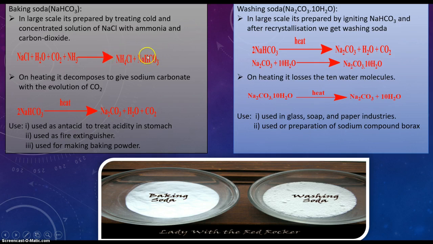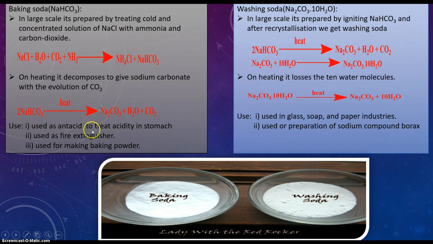Now this sodium bicarbonate that is formed in this process, if we heat it, then obviously it will give you carbon dioxide gas, right? So sodium bicarbonate, if we heat, would give you sodium carbonate Na2CO3 with the liberation of water, and carbon dioxide would be liberated, right? And what are the uses of this baking soda?